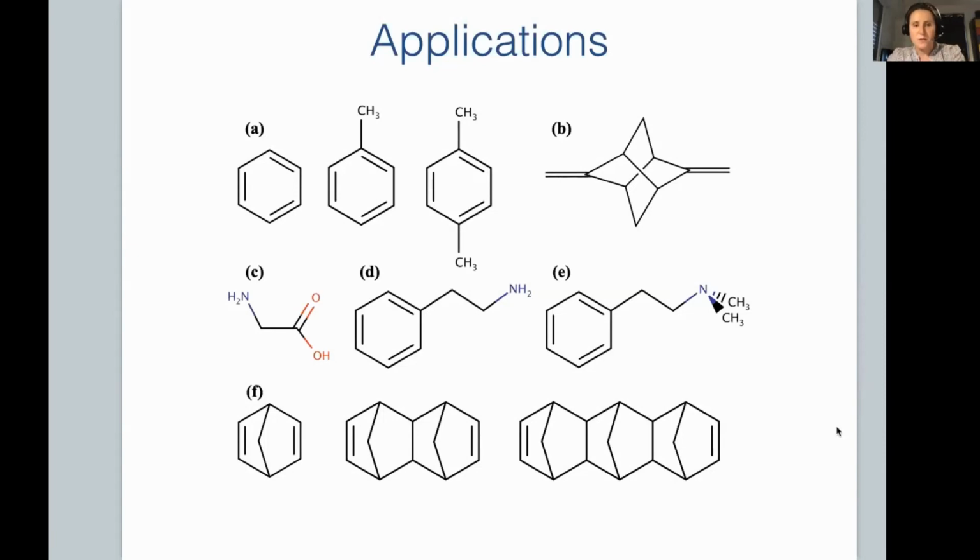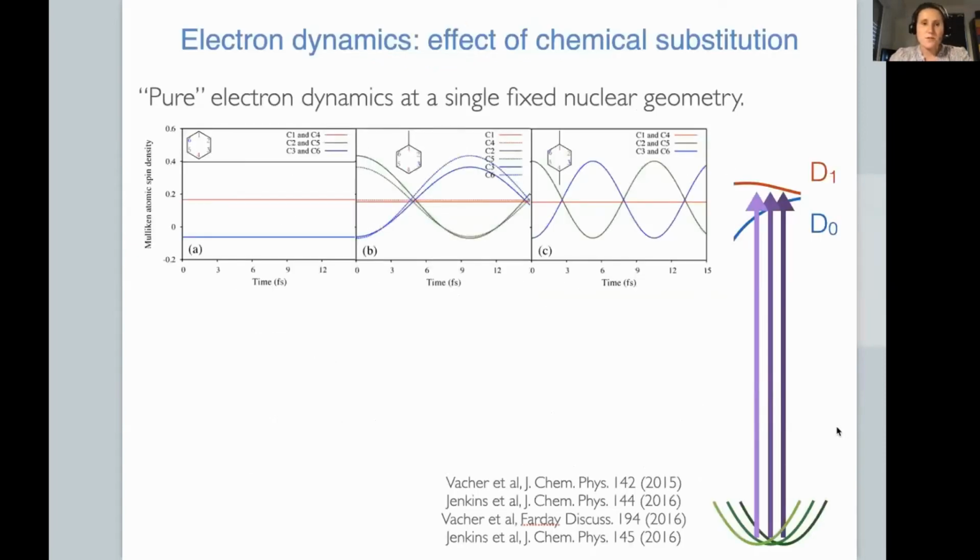So the first results I would like to share with you are actually pure electron dynamics simulations, so at a single fixed nuclear geometry, not taking into account the effect of the nuclei, on this family of molecules: benzene, toluene, paraxylene.